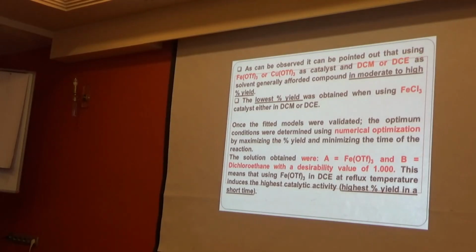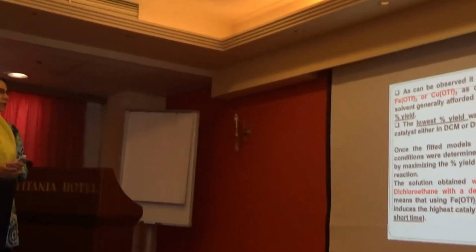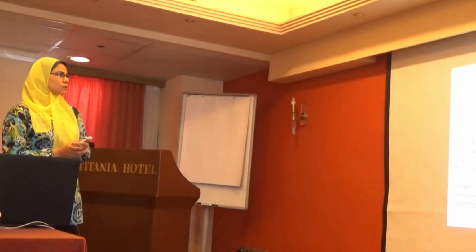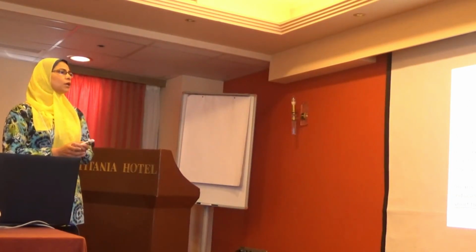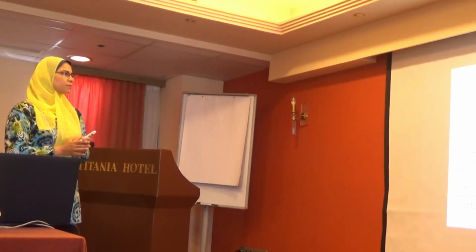As can be observed, using iron triflate or copper triflate as catalyst and dichloromethane or dichloroethane as solvent generally afforded the compound in moderate to high percent yield, and the lowest yield was obtained when using iron trichloride.